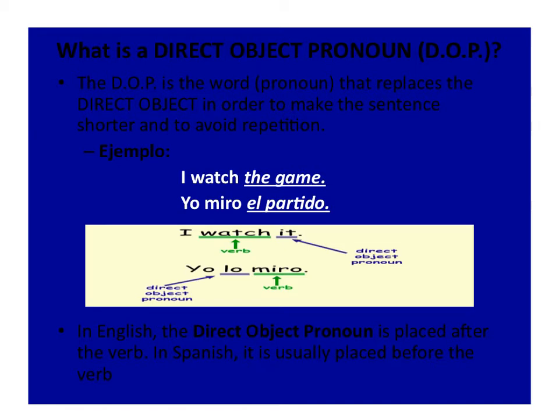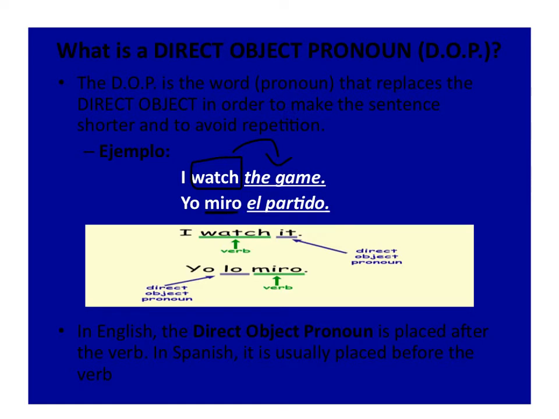For example, in the sentence, I watch the game. Yo miro el partido. I is the subject. Watch is your verb. I watch what? The game. So again, yo miro.